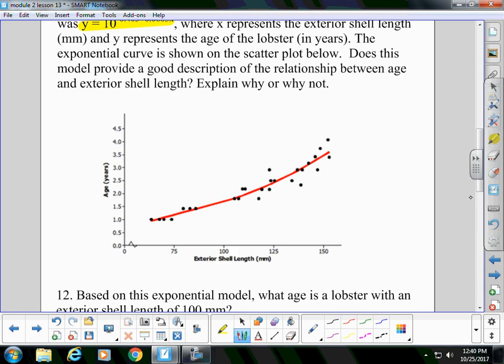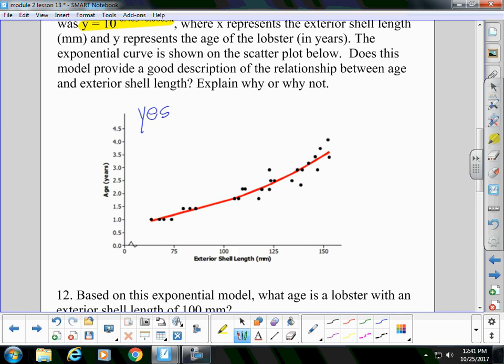On your last quiz, I saw some of you trying to connect dots. Again, you were not trying to connect the dots. Even when we did the linear graphs, you were not supposed to connect the dots. Your line was supposed to go through the center of the dots. And the curves are supposed to go through the center of the dots. So yes, this does look like it is a good description. And why or why not?